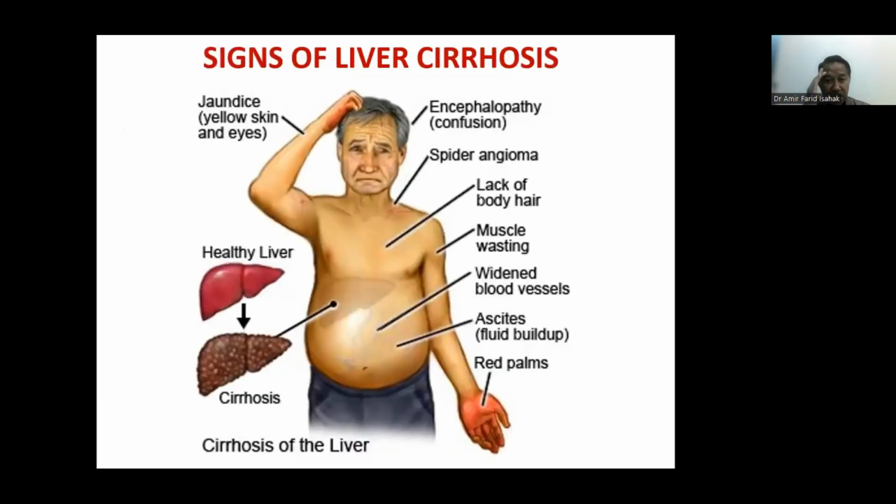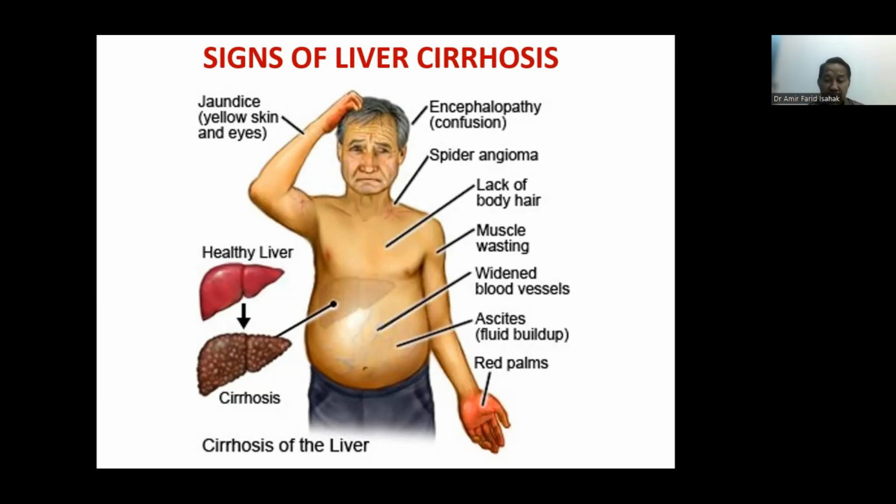So these are the signs of liver cirrhosis. Of course, you get jaundice, then you get encephalopathy, there's confusion. That's because of the accumulation of the byproducts of metabolism that the liver usually processes, but now cannot be processed.